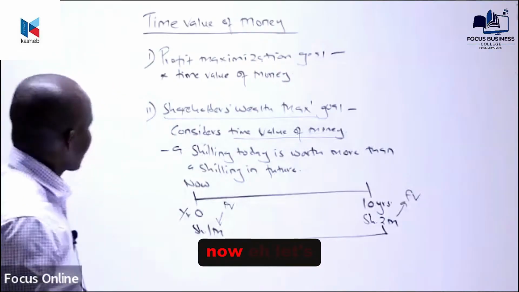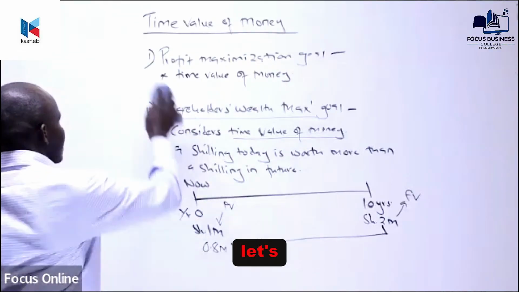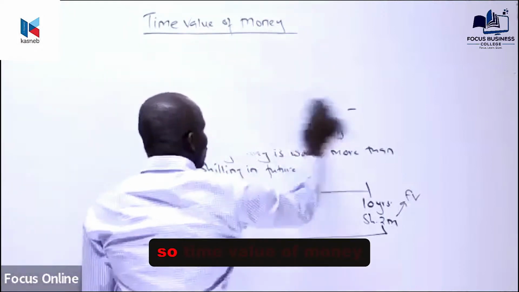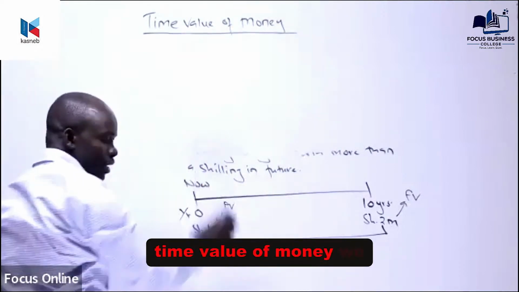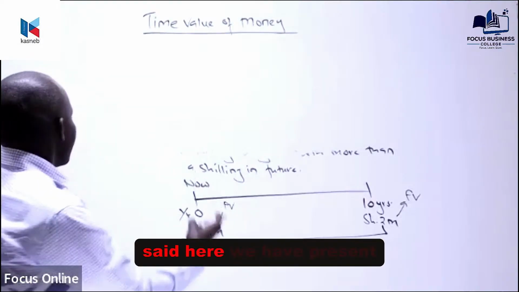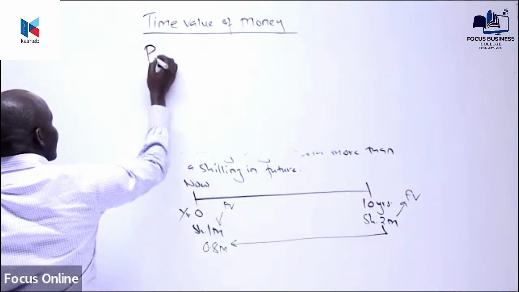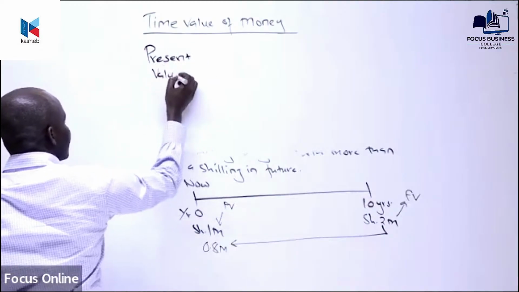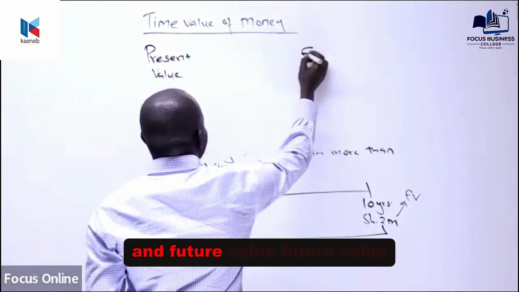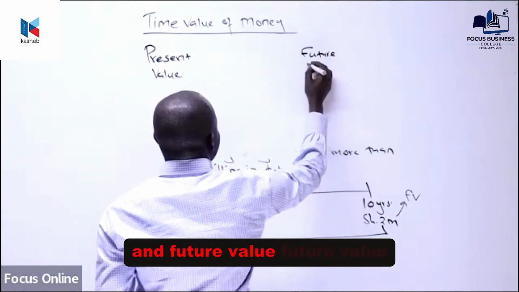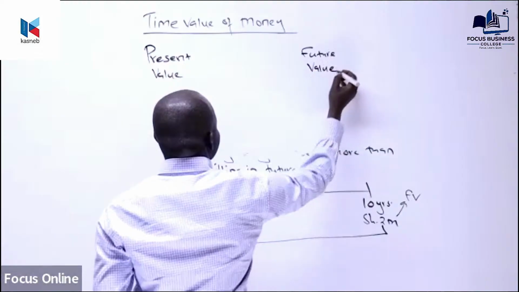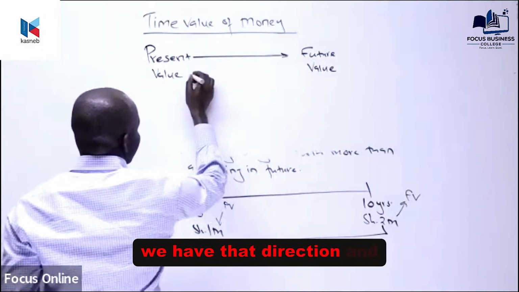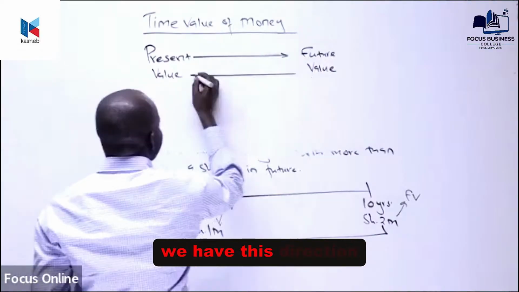Now let's say something more about the time value of money. We've said here we have present value and future value. So present value, we have that direction, and we have this direction.